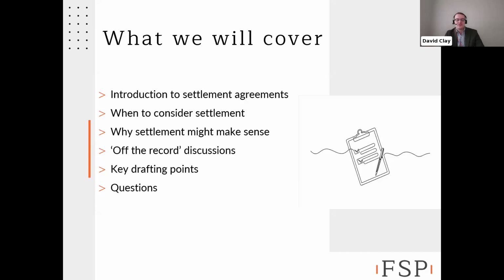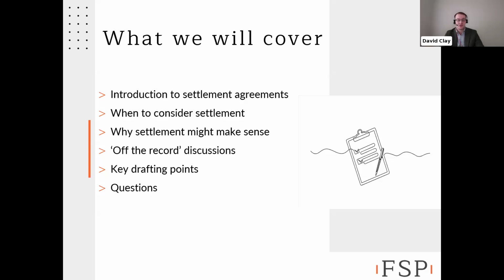And then the how section of the talk is split into two. Firstly, off the record discussions. What do I mean by off the record? We'll go into that in a little bit more detail, how off the record is off the record in reality. So we'll talk through that and how to conduct those discussions.